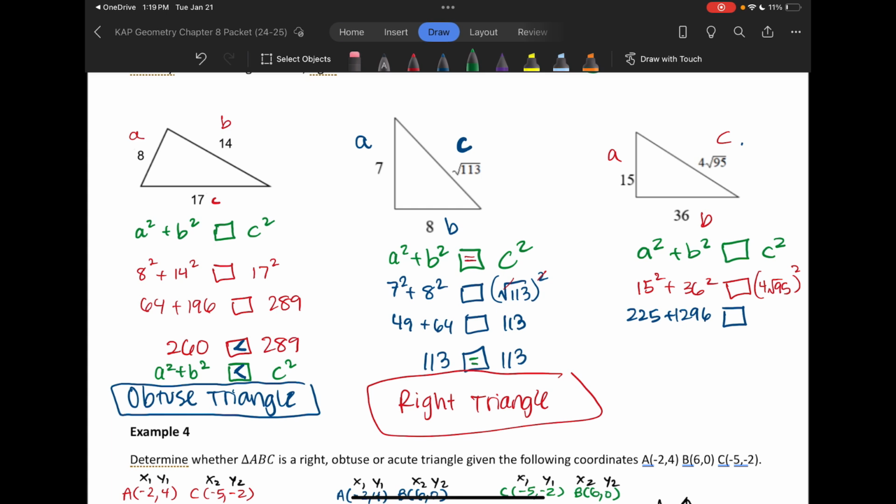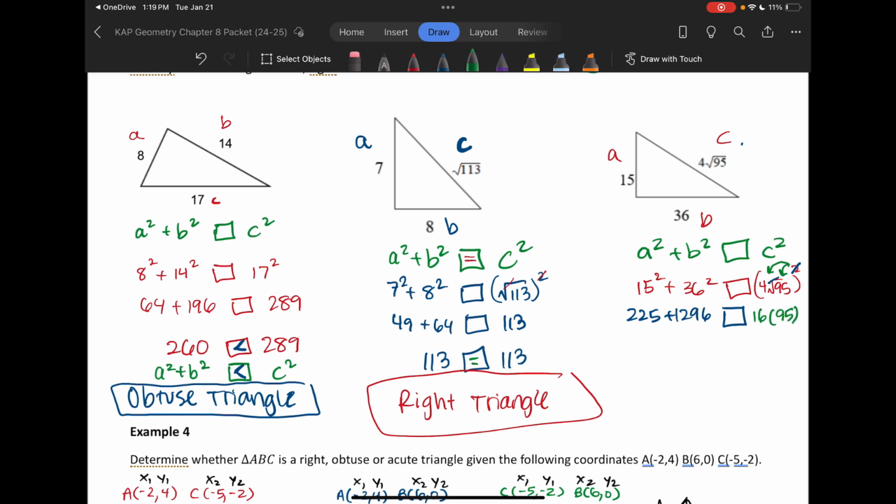When you're squaring something in parentheses like this, you need to understand that you're squaring everything inside. So I'm squaring the 4, which would be 16, and I'm squaring the square root of 95, which, remember, the squared basically cancels out the square root. So we're left with just 95.